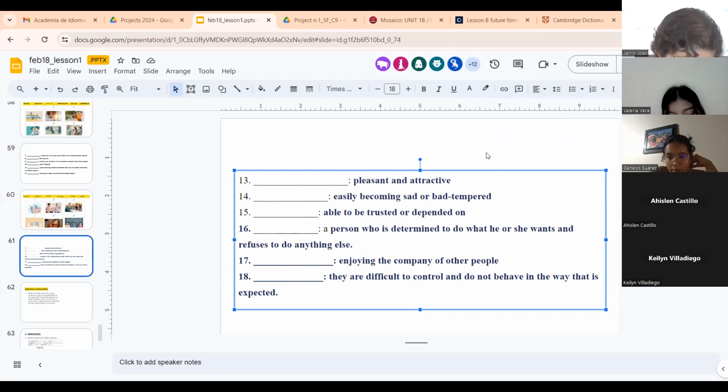Easily becomes bad. Moody. Yes, moody. Valeria, 15.